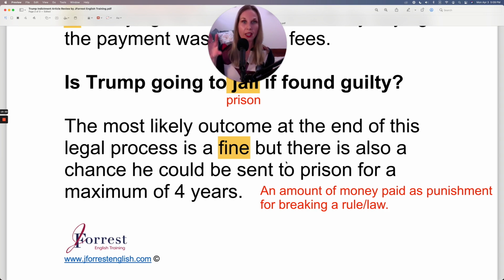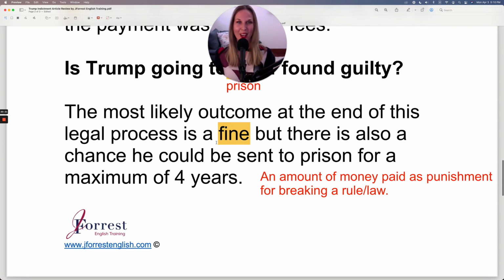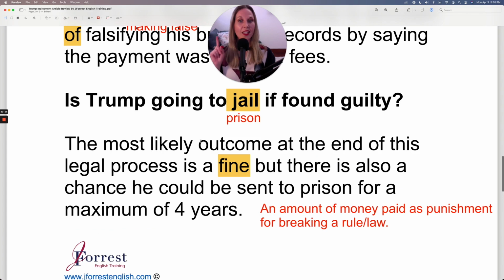If you park in a location and then you get a ticket on your windshield, oh man, I got a ticket. And then you have to pay a fine, and that's your punishment for not parking in the right location. Of course, there are many other fines, but the most common one, I think, is a parking ticket. Have you ever gotten a parking ticket? Well, I have, obviously, because I think everybody has gotten a parking ticket at some time in their life. Okay, so that's the most likely outcome.